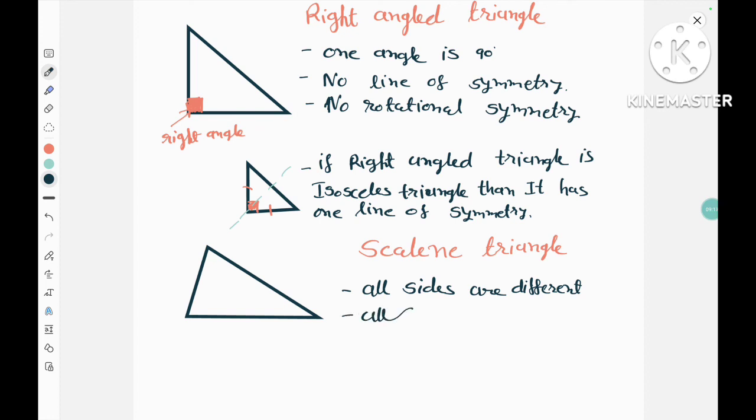All three angles are different, and no line of symmetry and no rotational symmetry.